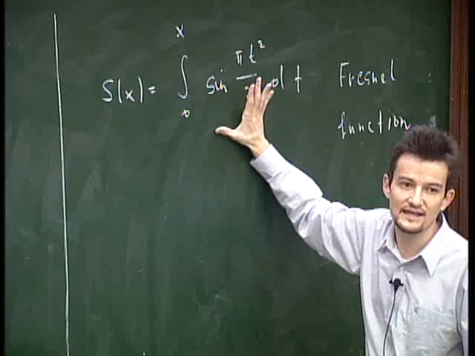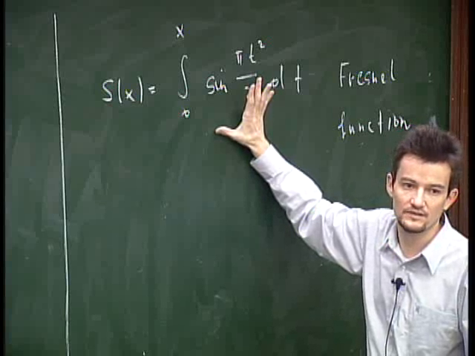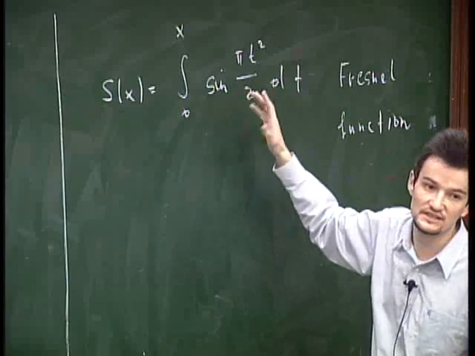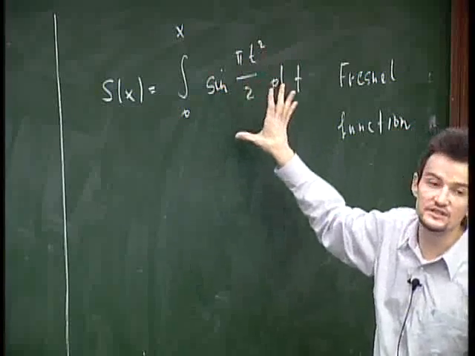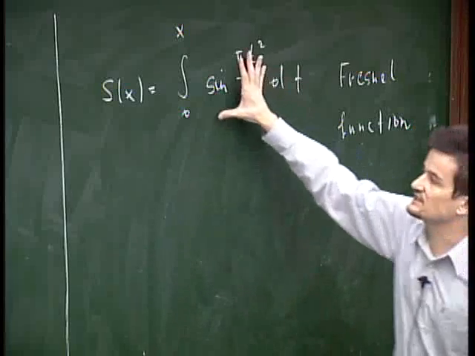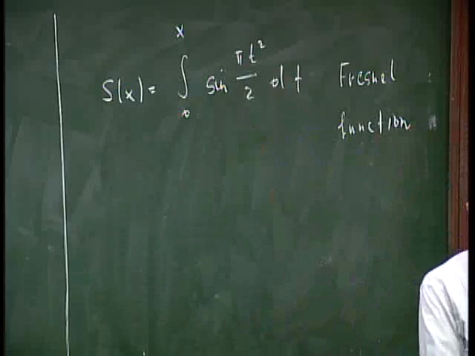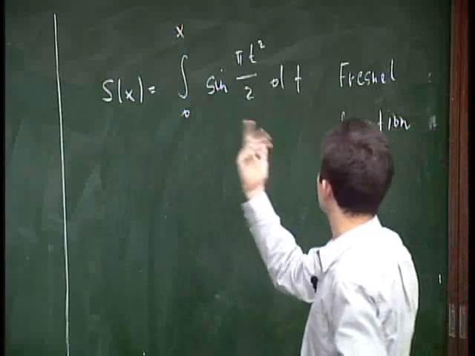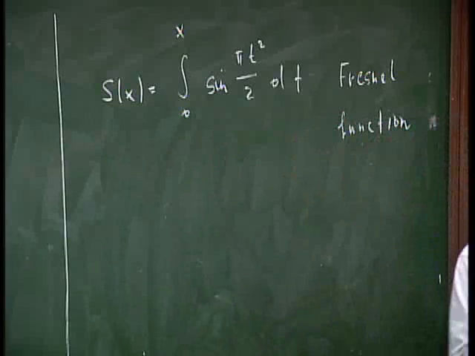So in some sense, it cannot be computed. But it exists because this function is continuous, and we know that the integral over a continuous function exists. But since we cannot express this by some easy functions, we give it a new name. We call it S of x. And this function is important in applications. So we have to understand its behavior.